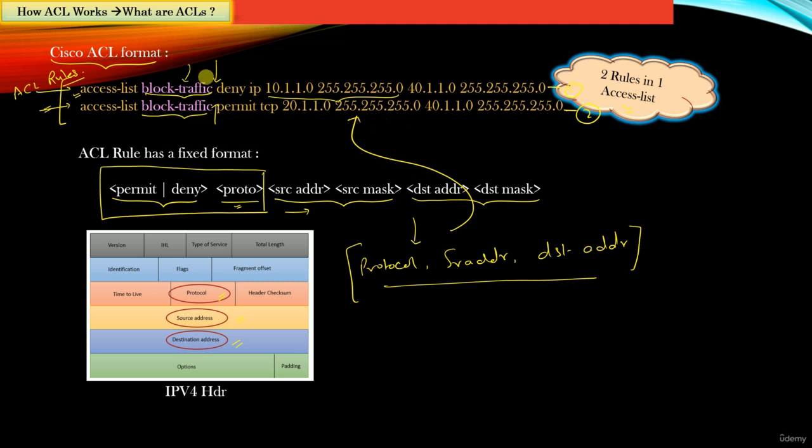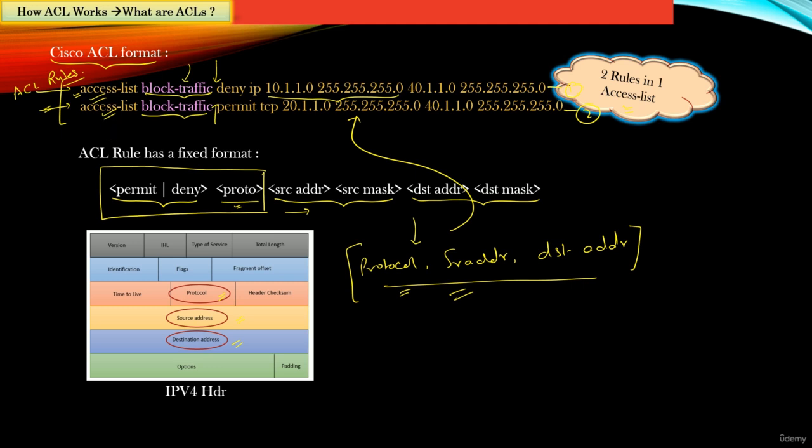Now, passing the access control list means exactly which ACL rule these parameters pass. These parameters will be evaluated against the individual ACL rules, and it could be possible that ACL rule 1 may say deny, but ACL rule 2 may say permit.